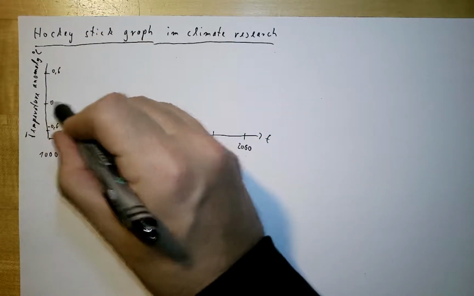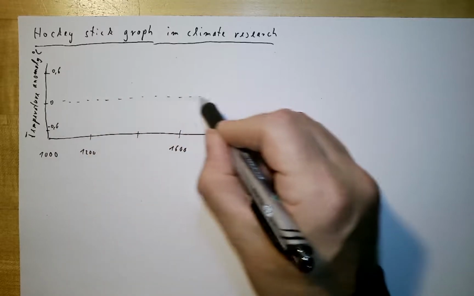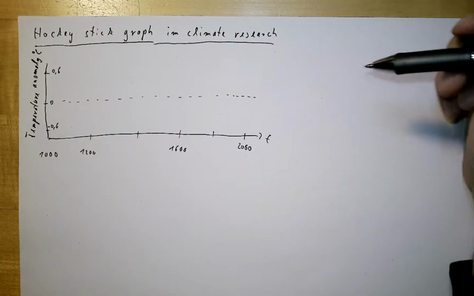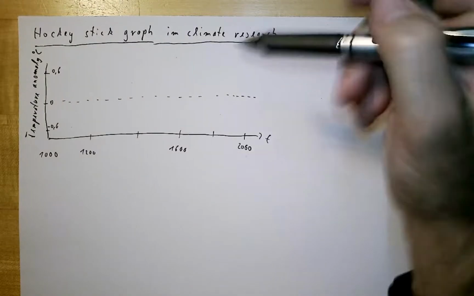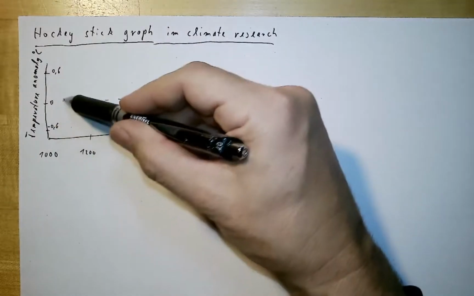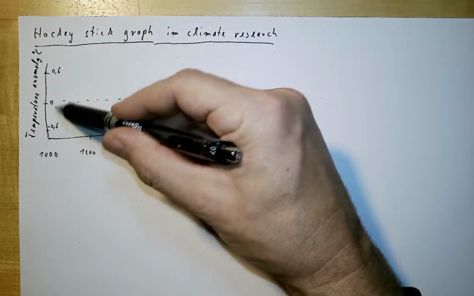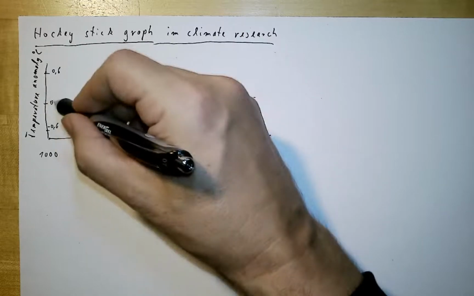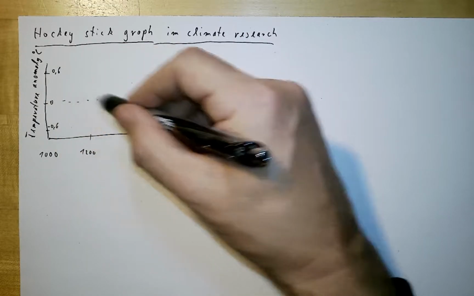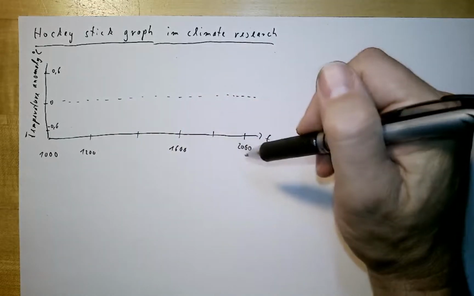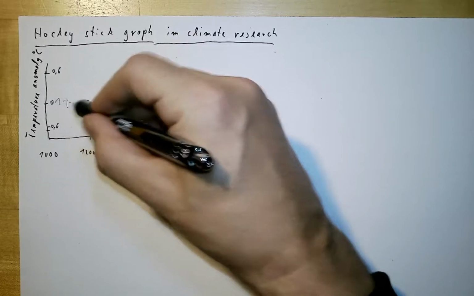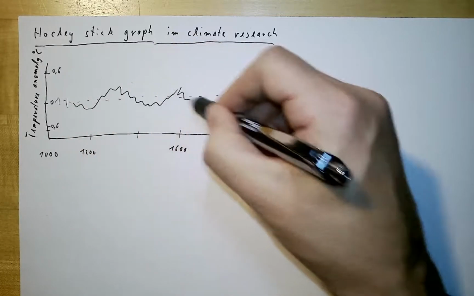And now we have here something like this. And if the climate would be stable and there would be no warming, then the temperature curve would be a fluctuating number, basically kind of a random walk, but it would always be centered around 0. So we would have something like this here.